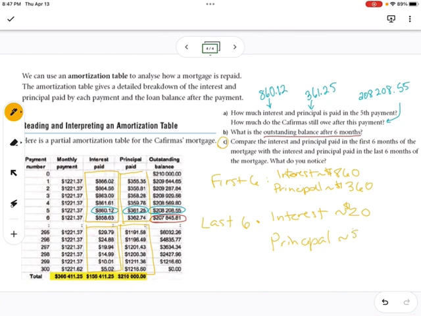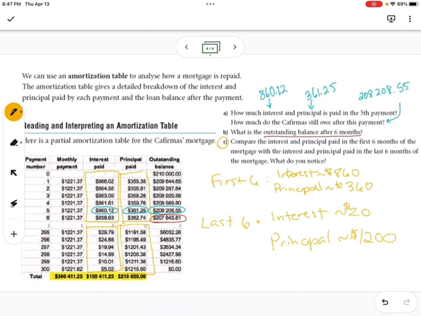So our principal is around the $1,200 mark. Okay, so in the first months of you paying your mortgage, you're paying a lot of interest and not as much principal. And then at the end of your mortgage, you're done paying that interest and you're just paying the principal at that point.